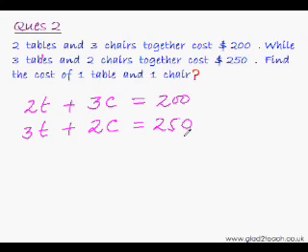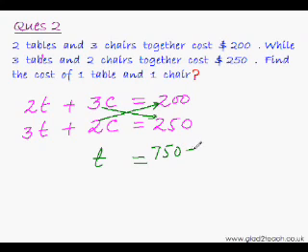Now just solve them. Since here the coefficients are different, the fastest way to solve these simultaneous equations would be the double cross multiplication method. So T would be equal to 750 minus 400 divided by 9 minus 4.